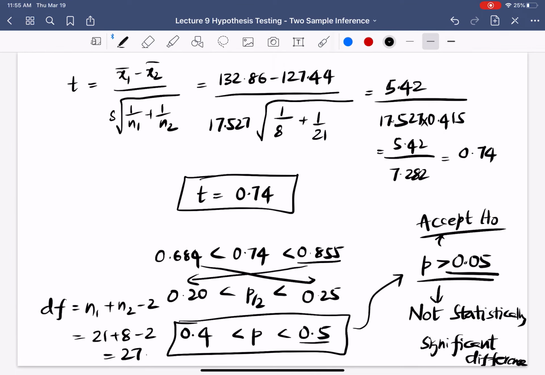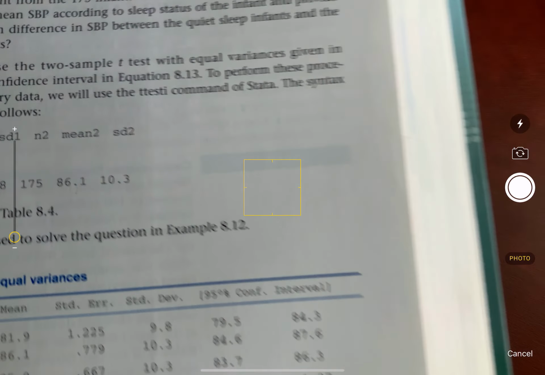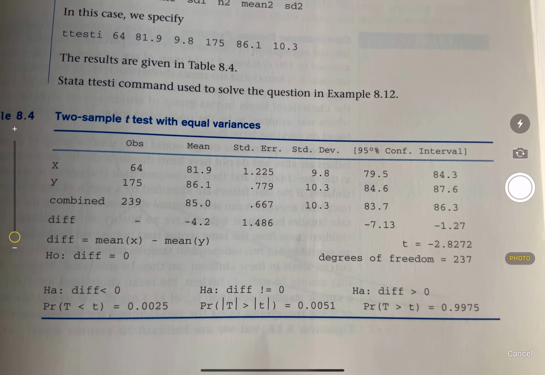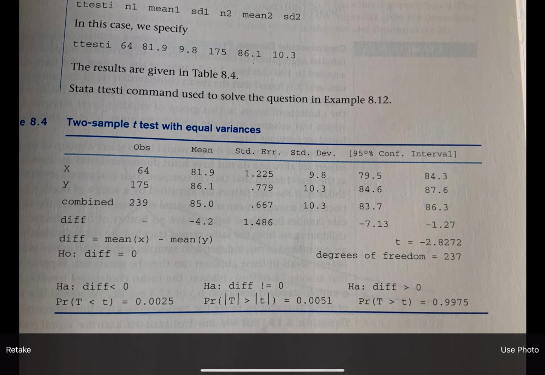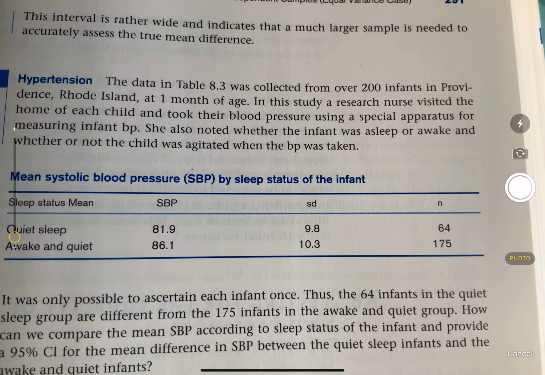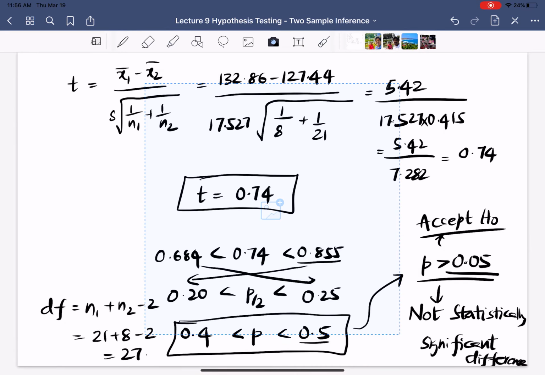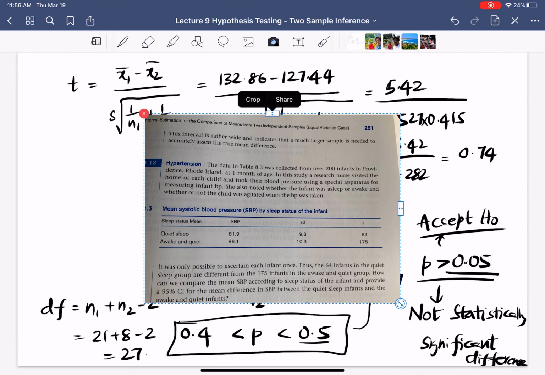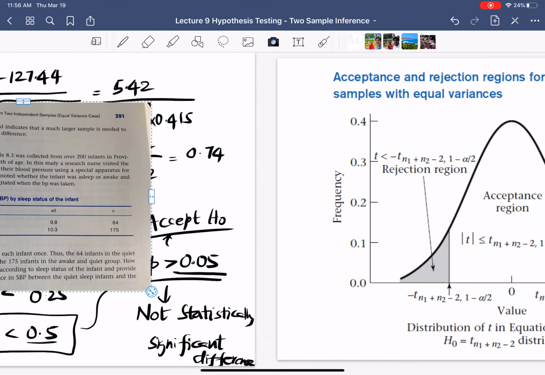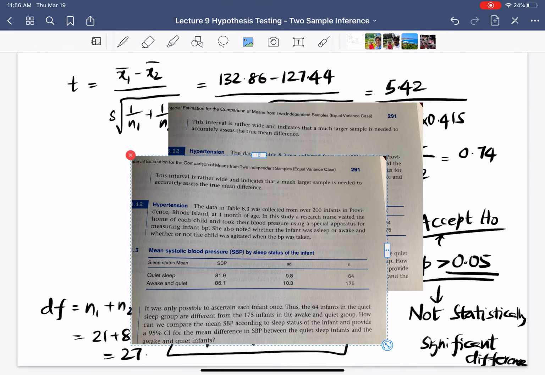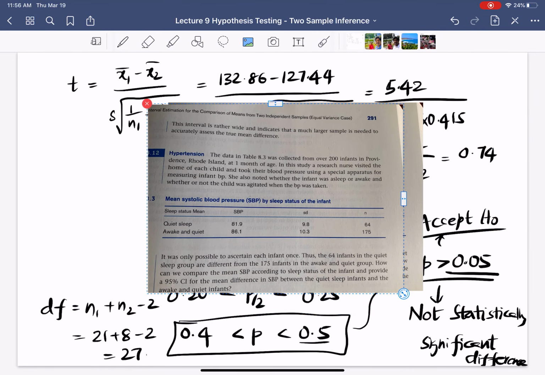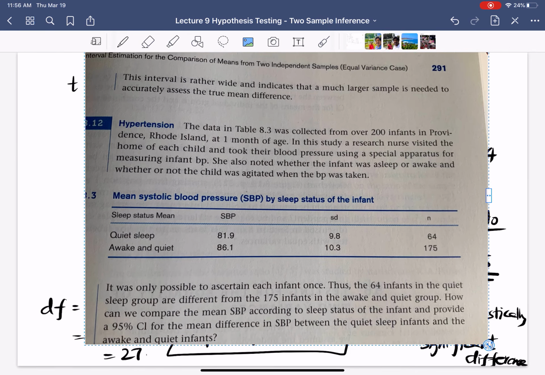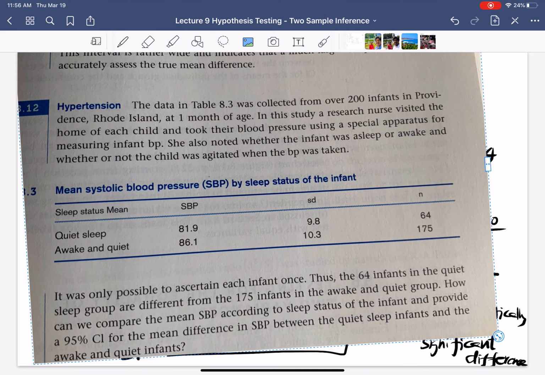So now try this problem. So here you have a systolic blood pressure of 81.9.